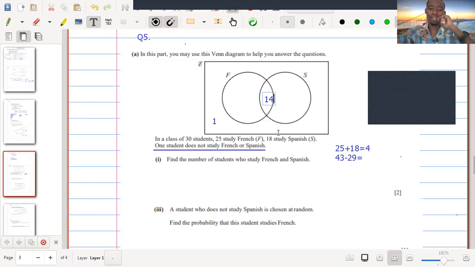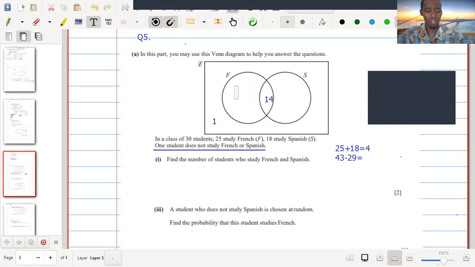And you remember, 25 study French. How many should be there? If 25 study French, you take 25 minus 14, which is simply 11.